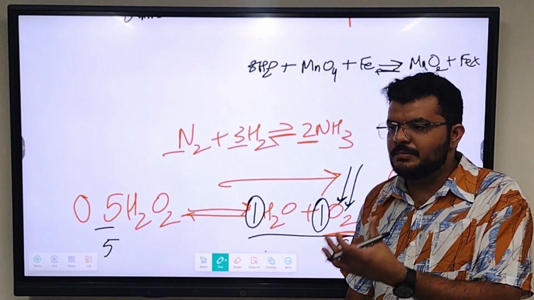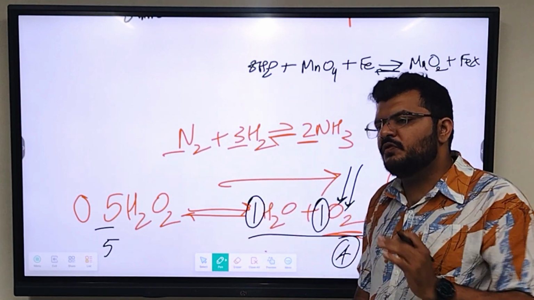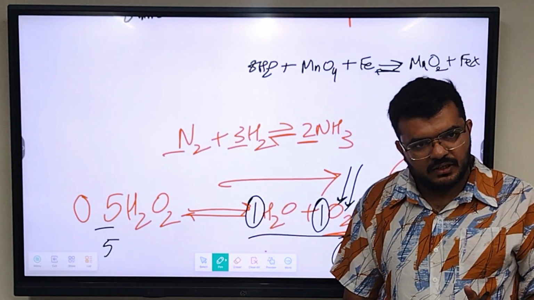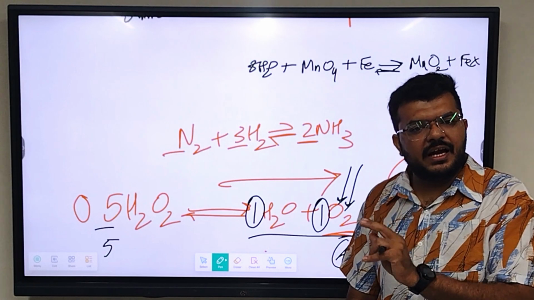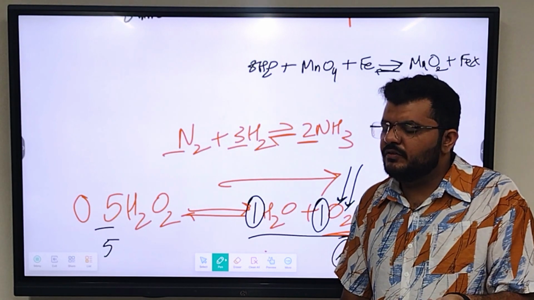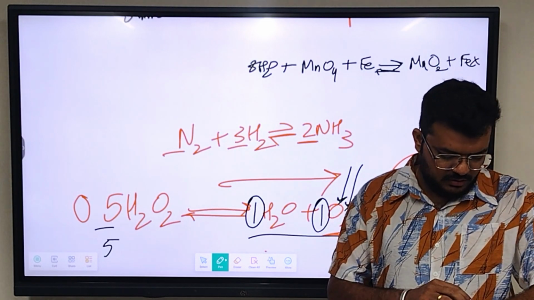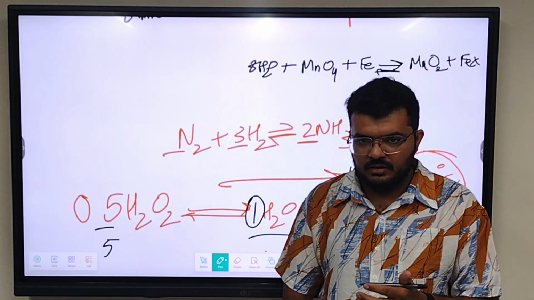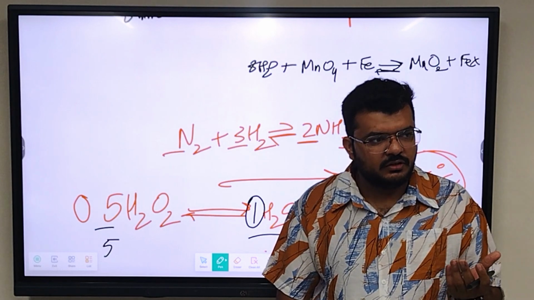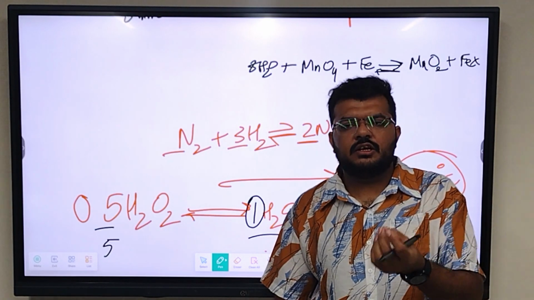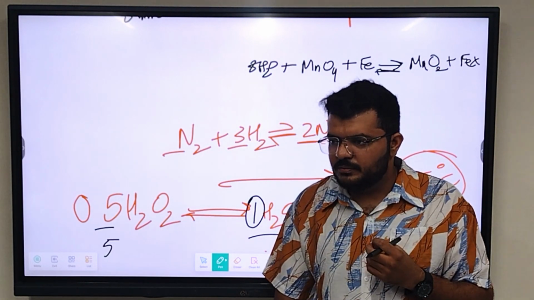A catalyst only helps in reaching the equilibrium faster. The rate of forward and backward reaction both increase by the same rate, and therefore the equilibrium does not shift. A catalyst cannot shift the equilibrium.